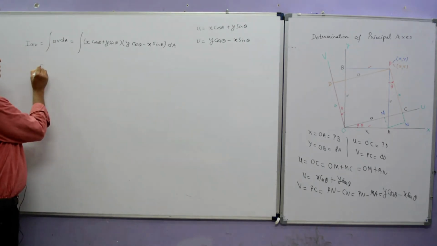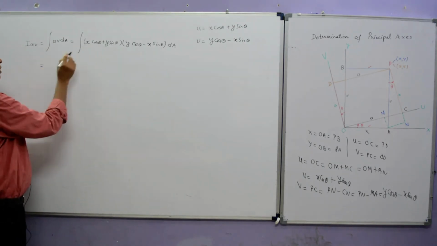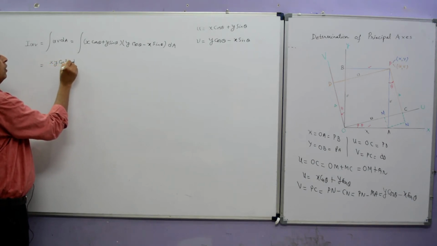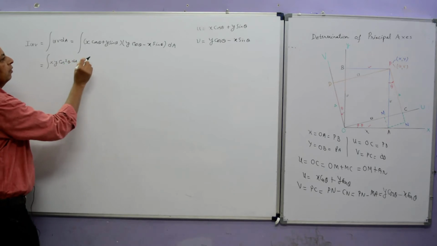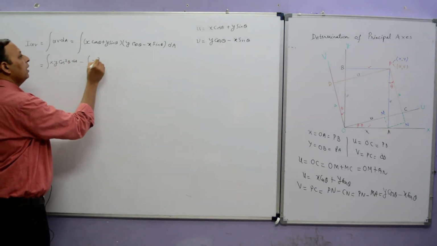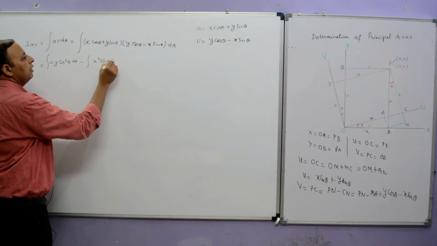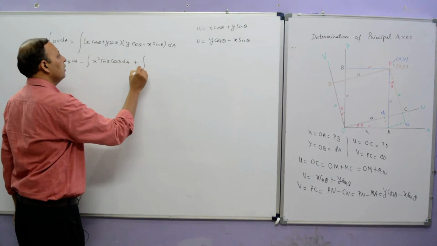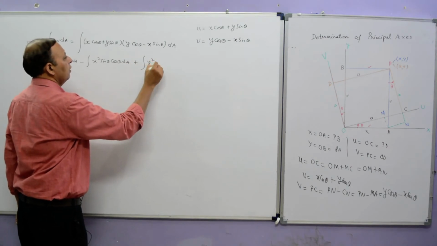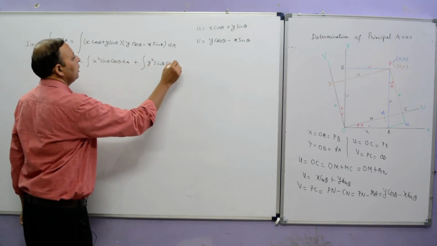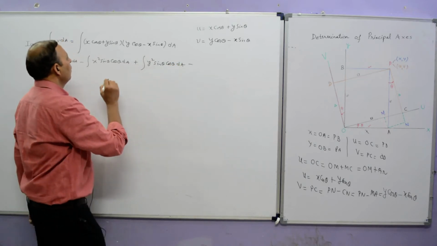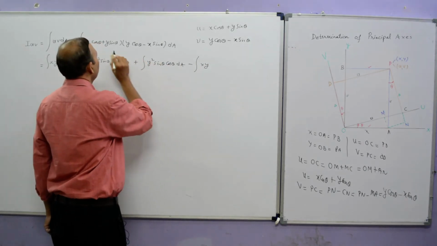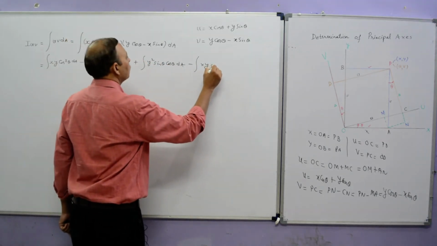This can be written as xy cos square theta dA minus x square sin theta cos theta dA plus y square sin theta cos theta dA minus xy sin square theta dA.